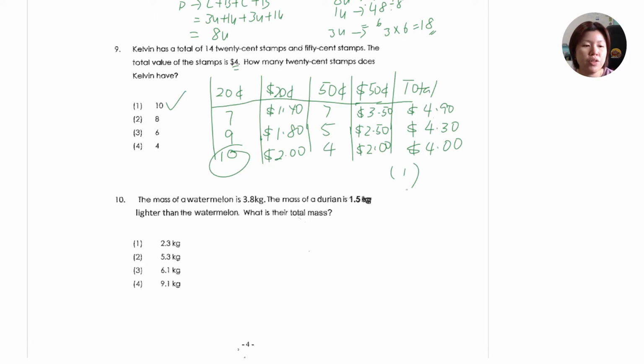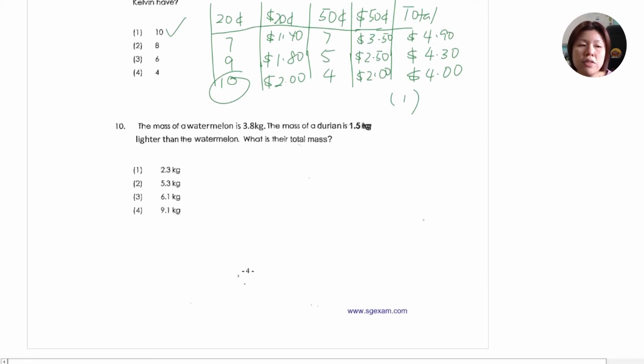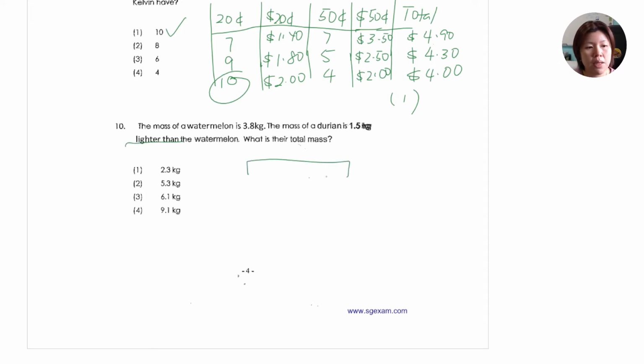Okay, let's move on to the next one, decimals. The mass of the watermelon is 3.8 kg and the durian is 1.5 kg lighter. So again, lighter than my watermelon, 3.8, and my durian is lighter, 1.5.